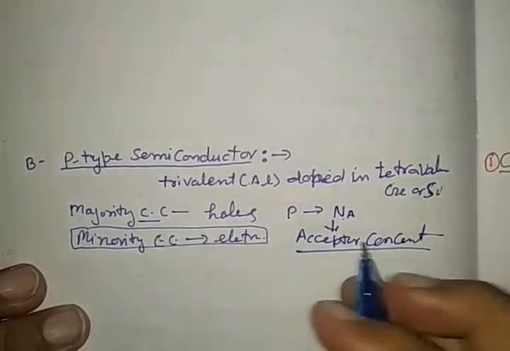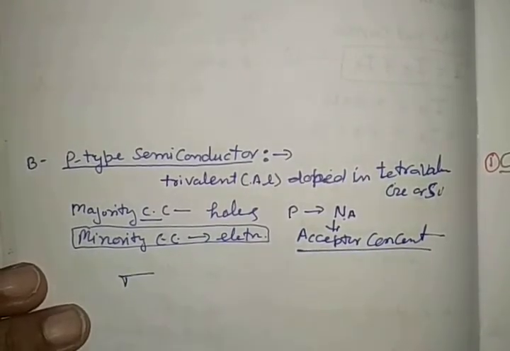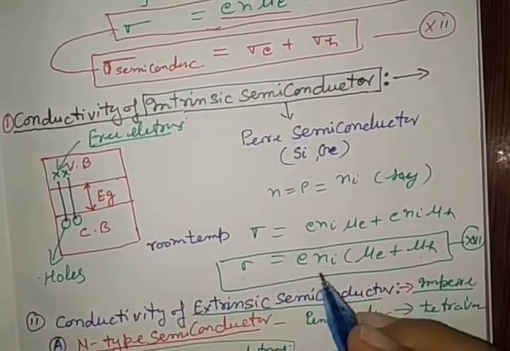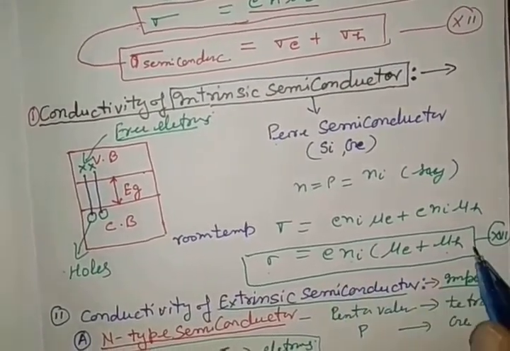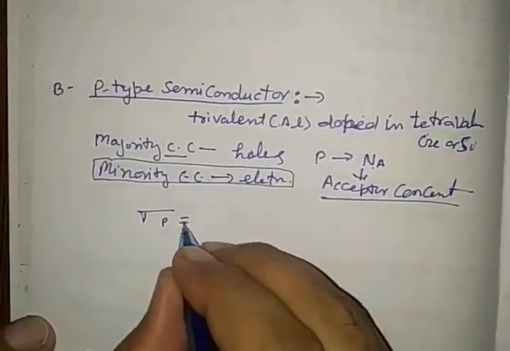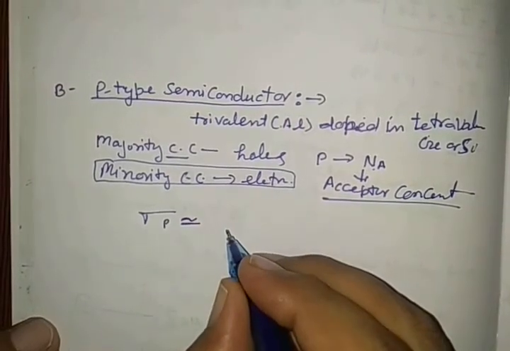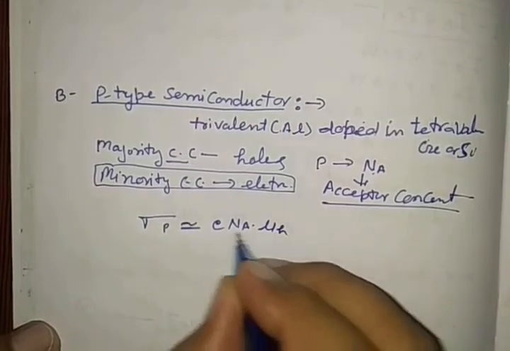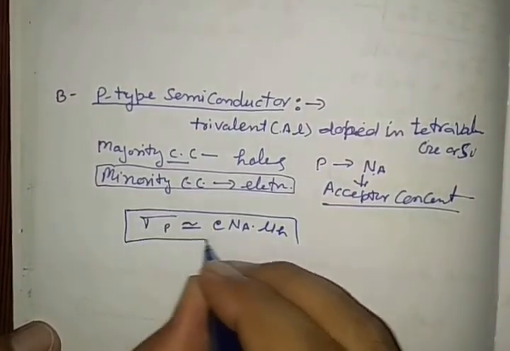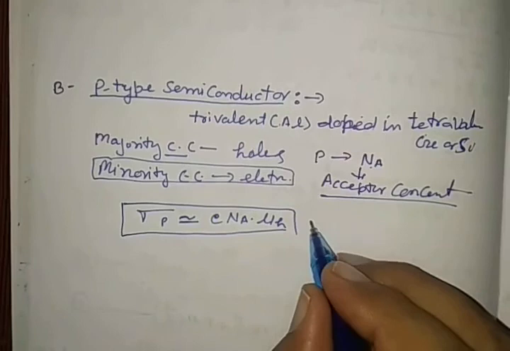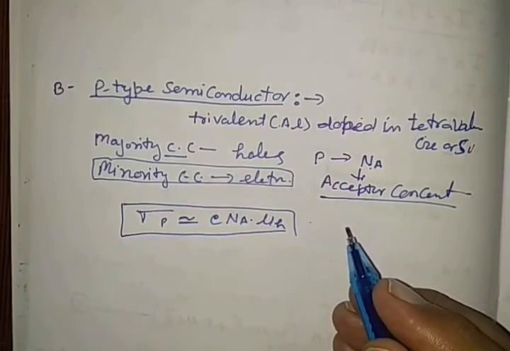In that condition, the conductivity formula for a p-type semiconductor, with only mu h under consideration, is approximately equal to e Na mu h, the acceptor concentration times the mobility of holes. It is the formula to calculate the conductivity of a p-type semiconductor. So this is for today. Thank you and have a nice day to all.